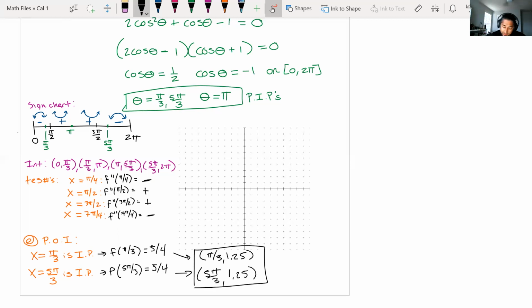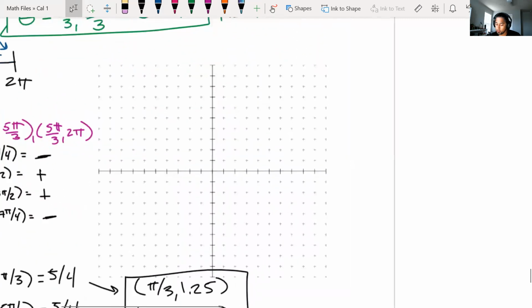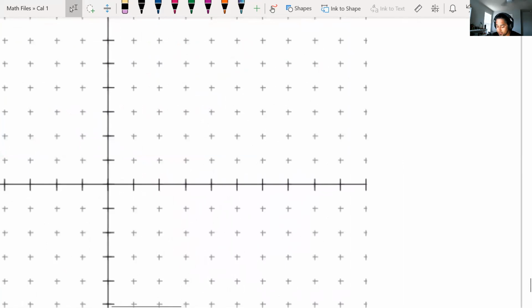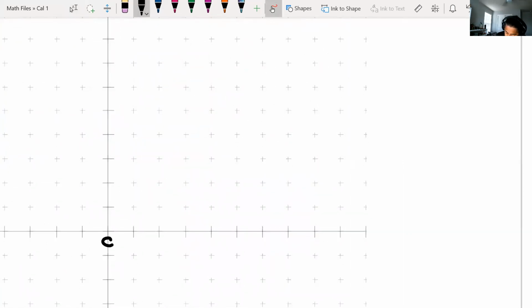All right. My goodness. So let's go ahead and graph this now. I'm going to make our unit circle from 0 to 2 pi on our axis below. So here's 0, and then here's going to be pi over 2, pi, 3 pi over 2, and 2 pi.